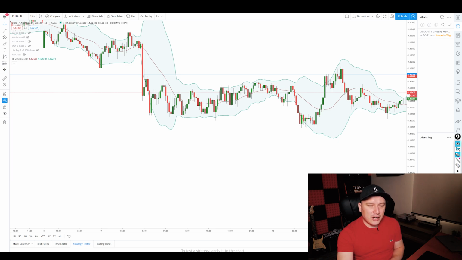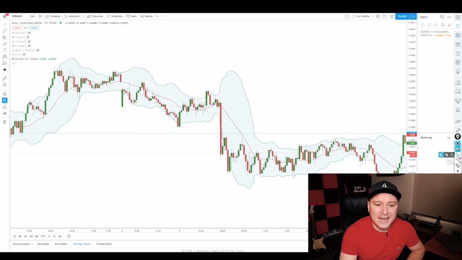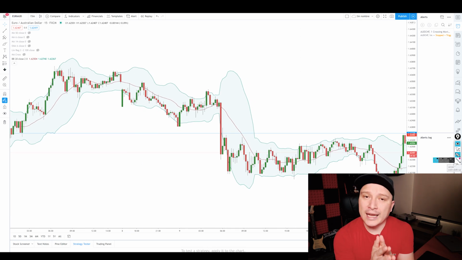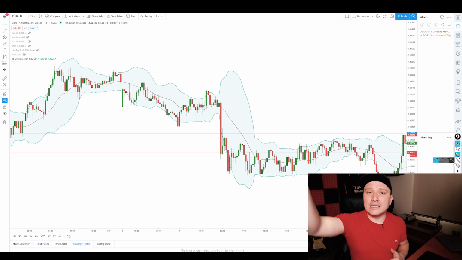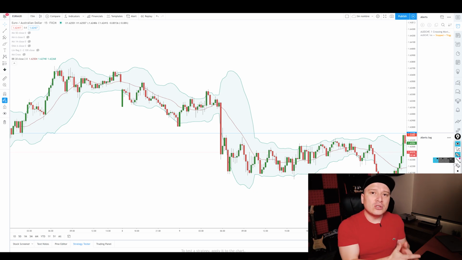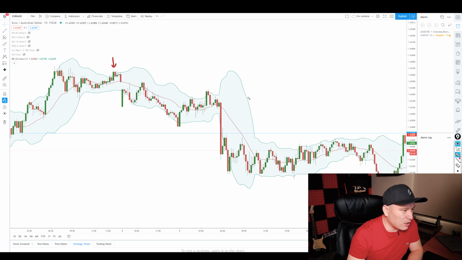So the first thing that you've got to look at is when a candle closes outside of the Bollinger Band. It's not if it touches, it's if it closes outside of the Bollinger Band. The way to analyze that, for instance, is this one right here. Take a look at this candle right here. This one closed in this area.